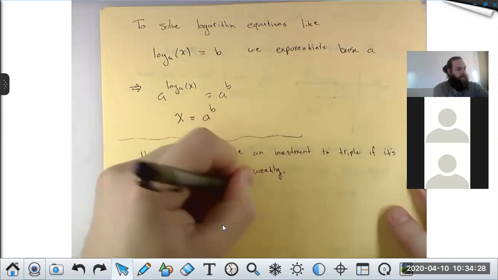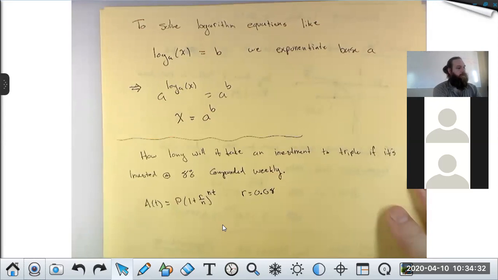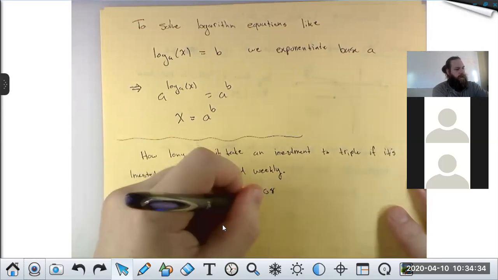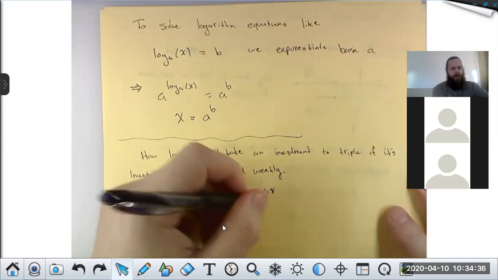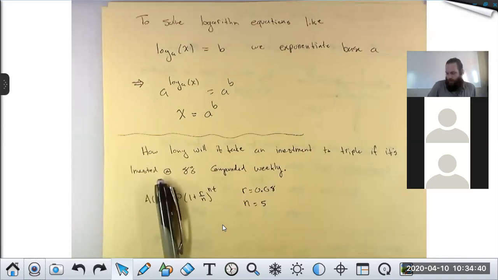So r here is 0.08, that's 8% written as a decimal. And n is 52 weeks in a year, 53 weeks in a year? I think 52. How many weeks are there in a year? Yeah, 52 weeks.